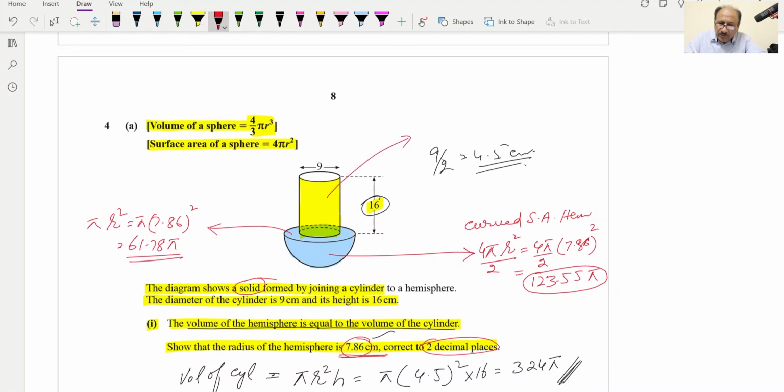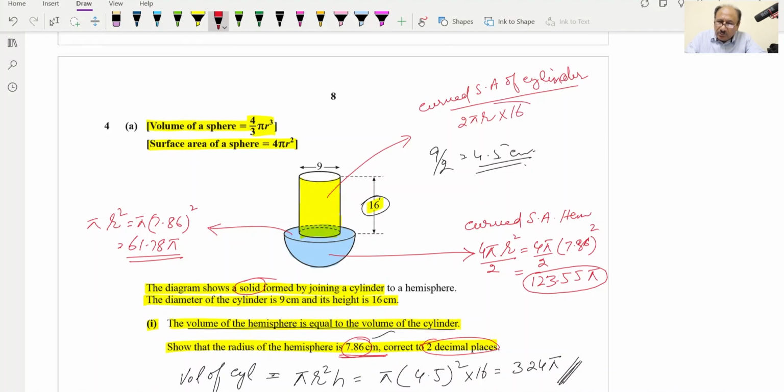This will be the curved surface area of the cylinder, and what will this be? Not pi r squared h, pi r squared. This will be 2 pi r, which is like the circumference of the circle, 2 pi r, multiplied by 16.